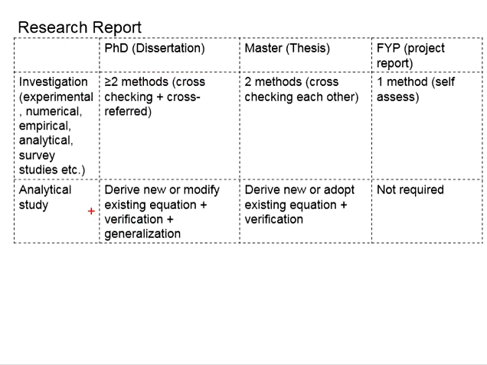The main difference between the PhD and the master here is that the equation at the master level will be rather specific, referring to that particular case under the same conditions as carried out in the master program.